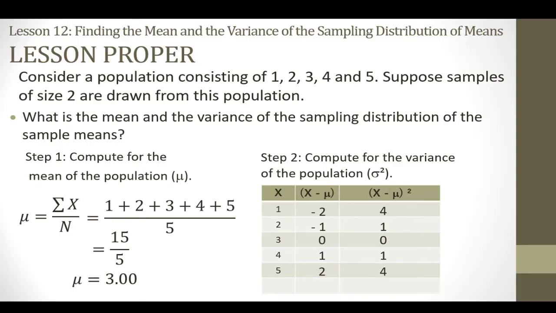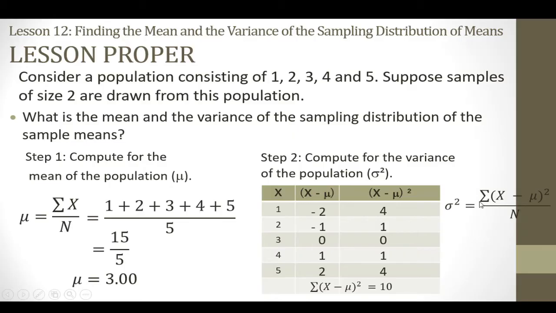Okay, good. The next step is we add the results that we have obtained in this column. So, add lang natin yan. 4 plus 1, 5 plus 0, 5 plus 1, 6 plus 4 is equal to 10. Very good. Now, once na ma-add na natin yung results dito, pwede na nating makuha yung population variance by using this formula: summation of the quantity x minus the mean, squared, over n.